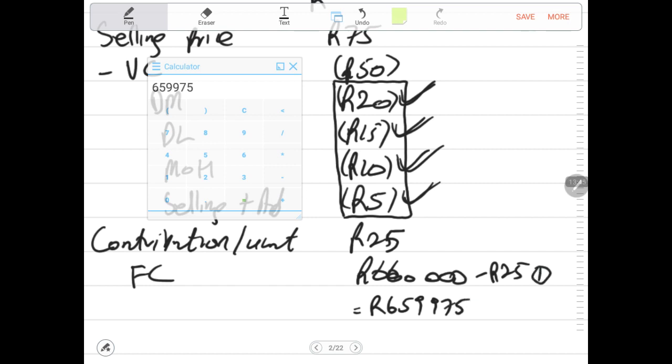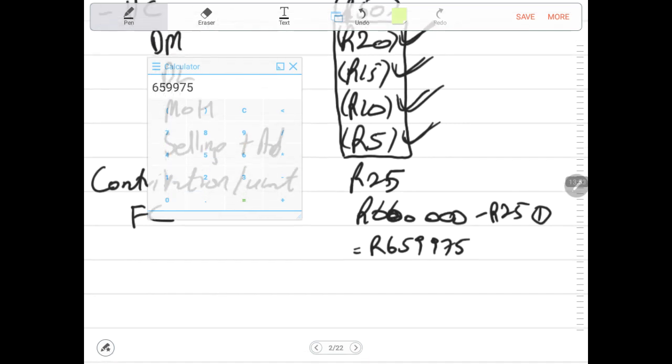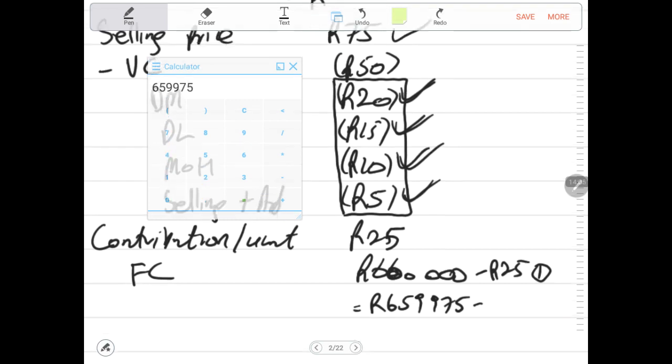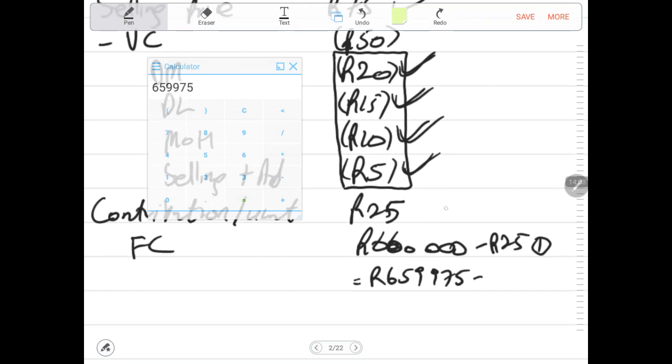Then on the same day, or after 5 minutes or 10 minutes or an hour, depending on what kind of business we are, meaning how frequently our sales are happening, the minute we sell a second product, we sell it at the same 75 rand, and we expect to incur the same variable cost. Again there will be another contribution per unit of 25 rand.